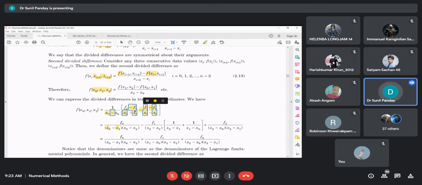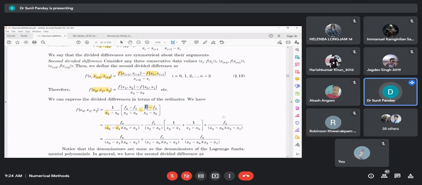f1 has two terms, one with x2 minus x1 in the denominator, and another with x1 minus x naught. So the x2 minus x1 term is here, multiplied by x2 minus x naught, and f1 is outside. Similarly, with x1 minus x naught, this minus is taken out here, because this f1 is also minus.